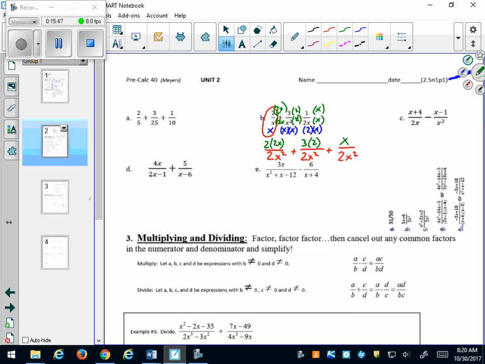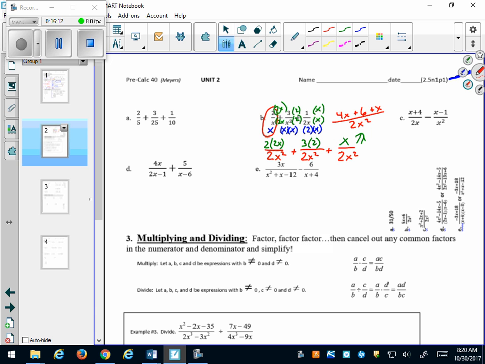Okay, so now, for this problem, I've got 4x plus 6 plus x on the top, over 2x squared.